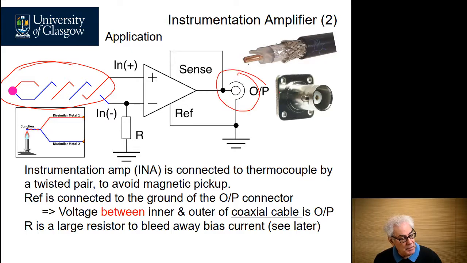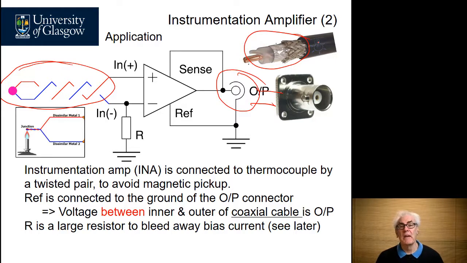We have the output here connected to a coaxial cable, and the symbol on the diagram there is the international symbol for a coaxial connection onto an amplifier. And here we have a typical coaxial cable that would take the signal from the instrumentation amplifier to perhaps a digital processing unit to further process the signal.